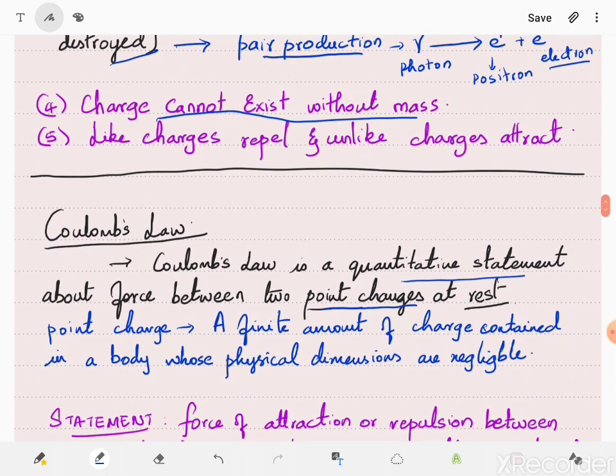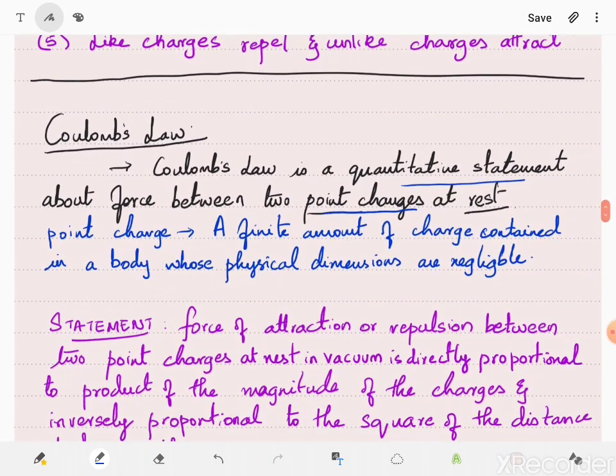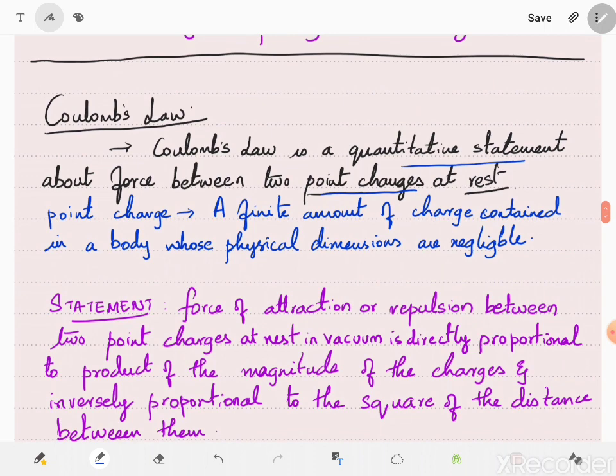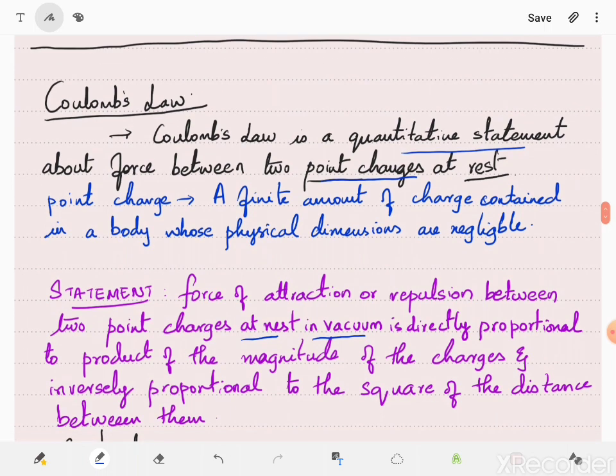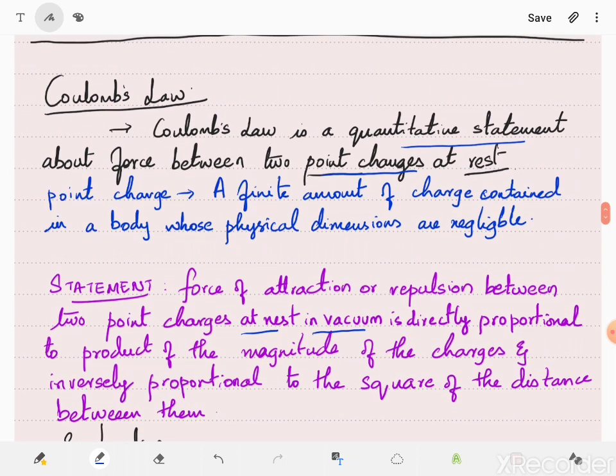Now, what does this Coulomb's law say? The statement of Coulomb's law states that force of attraction or repulsion between two point charges at rest in vacuum is directly proportional to product of the magnitude of charges and inversely proportional to square of the distance between them.